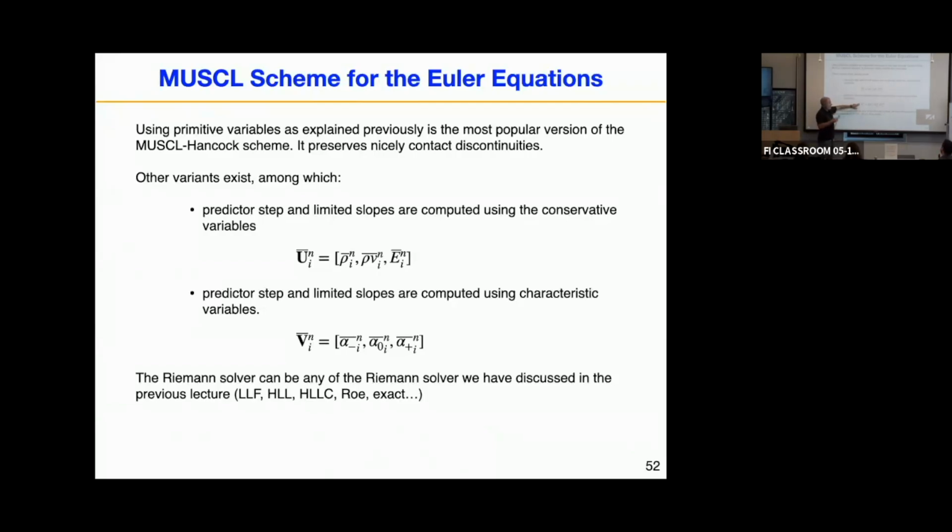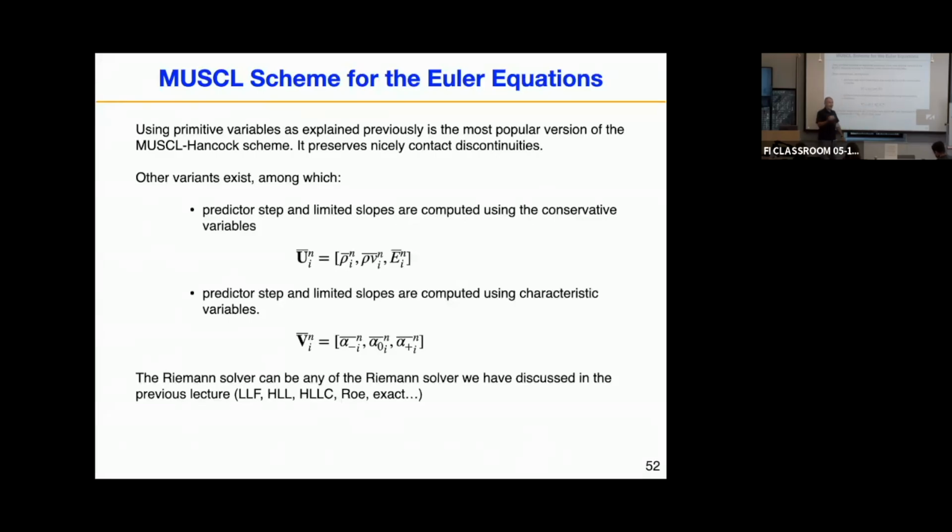But there is another version, which is even more sophisticated, which is to use the so-called characteristic variables, which are the eigenvalues of the Euler Jacobian matrix, right? Remember what we did before? You compute the Jacobian matrix, you perform the eigenvector decomposition, and then you compute the coefficients of your solution, the alphas, on these eigenvectors, and then you use the slope limiters on those.